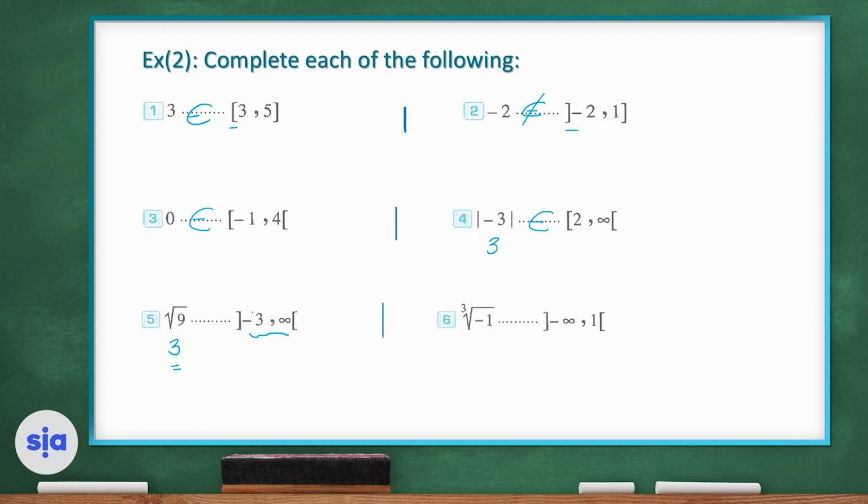Yes, because this interval starts from negative 3 opened going all the way up until positive infinity. So the 3 for sure is there. The cubic root of negative 1 is negative 1, and you check, is the negative 1 there from negative infinity until 1? Yes, it also belongs to this interval.